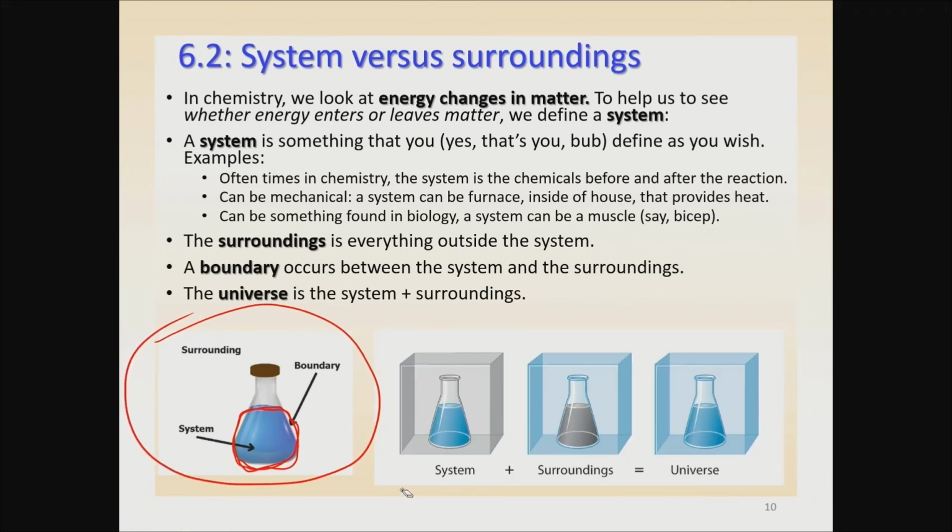So we have a nice description of the system and surroundings in this picture. In this leftmost box, we have a system of chemicals in blue, and everything outside of that in gray is the surroundings. In this middle picture, the surroundings are now in blue and the system is in gray. But when you add the system and the surroundings together, everything, that will give you the universe.